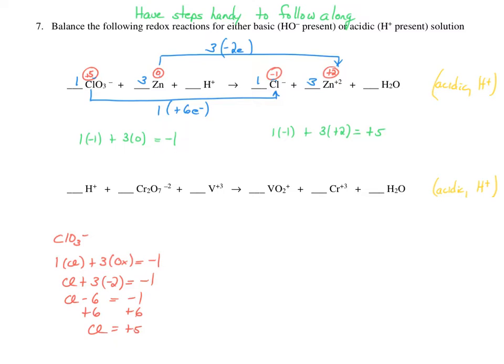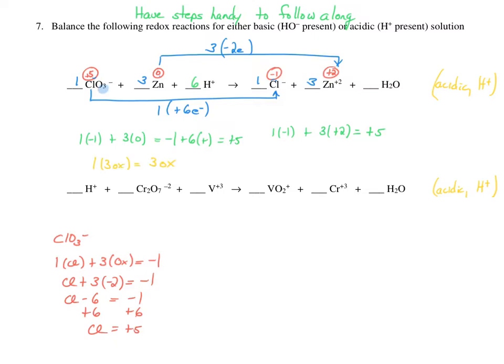So in order to balance the charge, we're going to have to add 6 H plus ions, and that brings us to +5 on the reactant side, which matches our +5 on the product side. The last step is to balance the oxygen atoms by adding water.